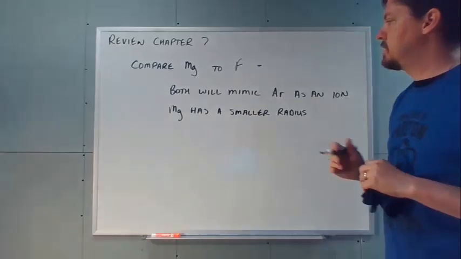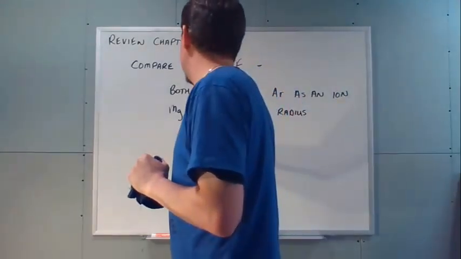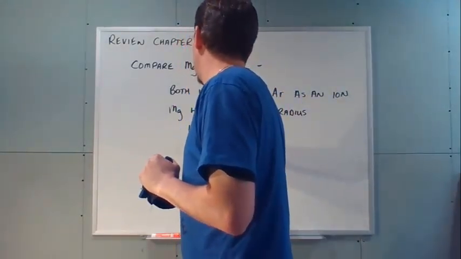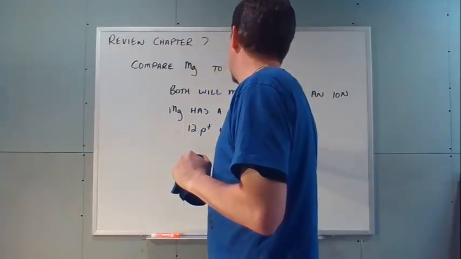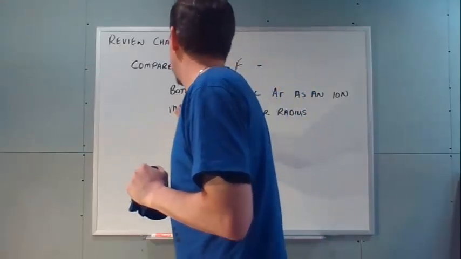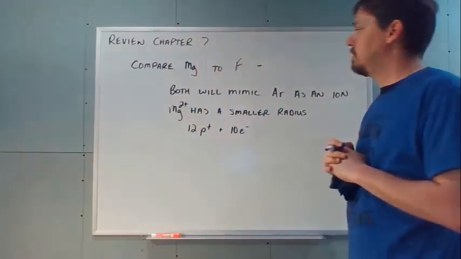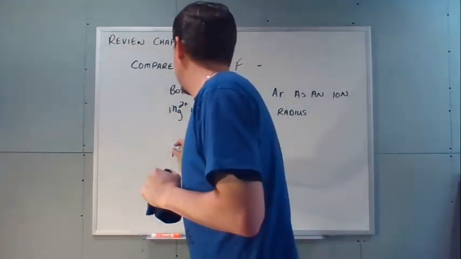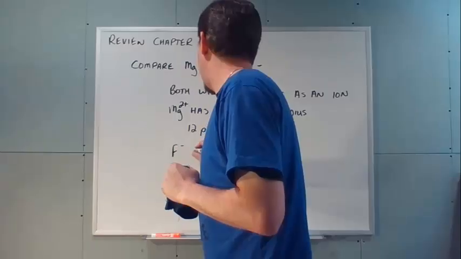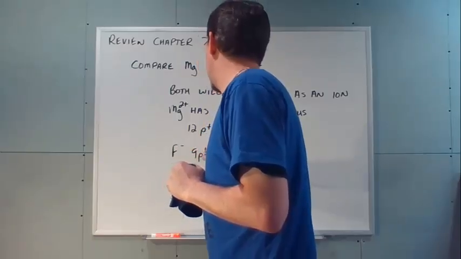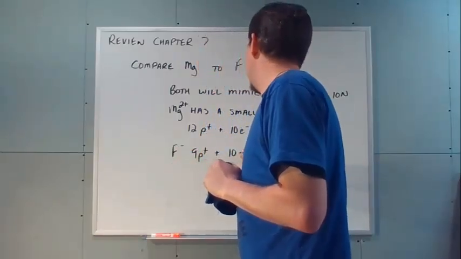And the reason it has a smaller radius is because magnesium has 12 protons and 10 electrons as an ion, where fluorine as an ion has 9 protons and 10 electrons.